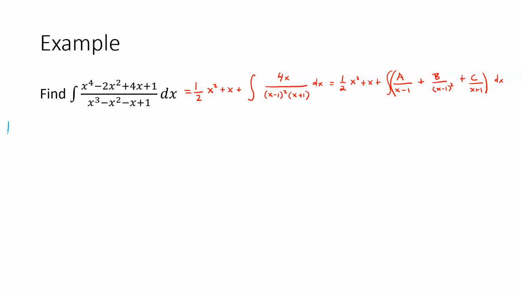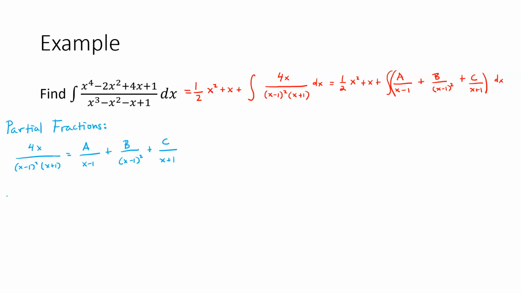So let's work it out over here. We've got 4x over x minus 1 squared times x plus 1 has the partial fractions A over x minus 1 plus B over x minus 1 squared plus C over x plus 1.